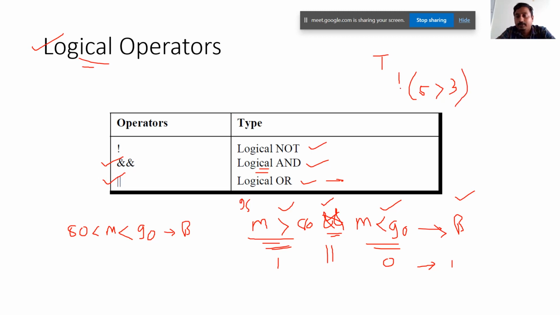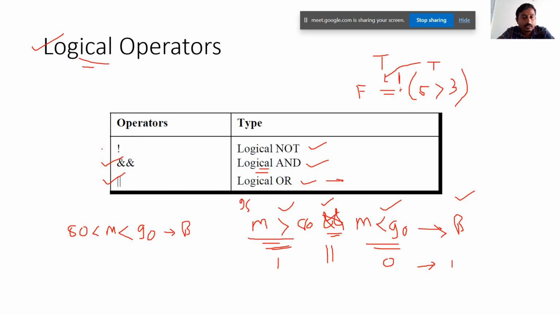And if we write a negation operator before that, what will happen? 5 greater than 3 is true, so this negation operator will make it false, so final result will be false. It will convert true to false and false to true. So this is regarding logical operator.